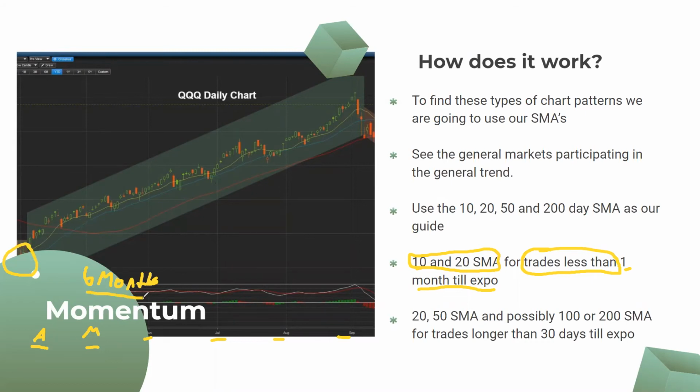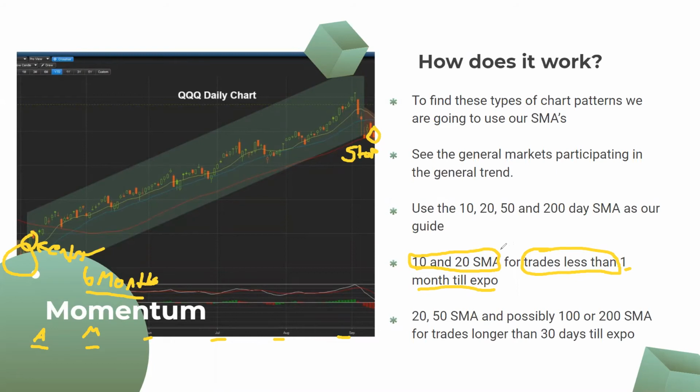You're getting something 6 months out, and your sell is going to be that first candle below that 50-day simple moving average. So your entry is right there. Entry and stop. That's really important to understand there with momentum.